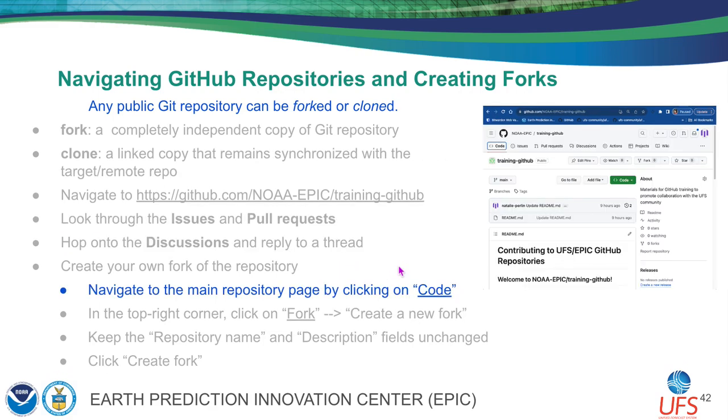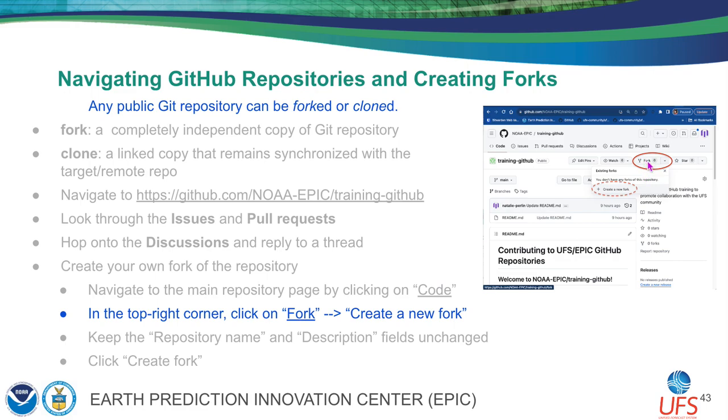Next, you can create your own fork of the repositories. You'll create your own fork by navigating to the main page and clicking code. Then in the top right corner, you have fork. When you click fork, it will show a small menu, and you say create a new fork.